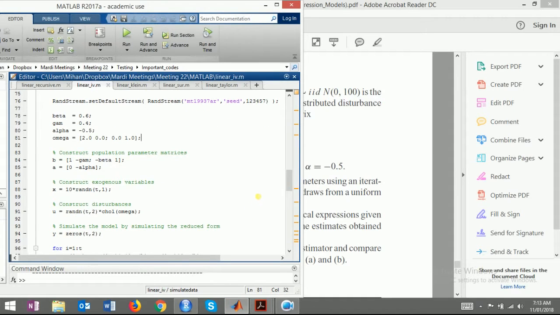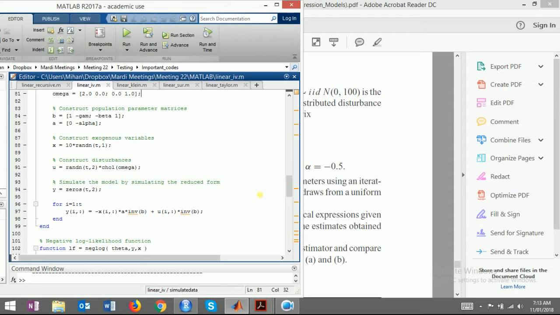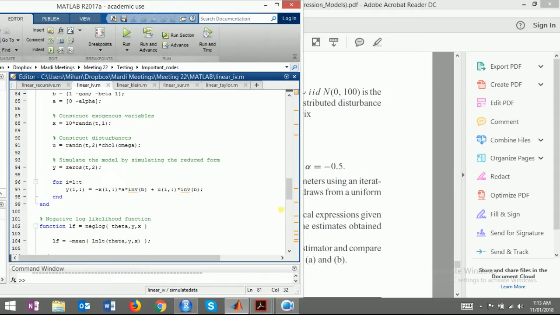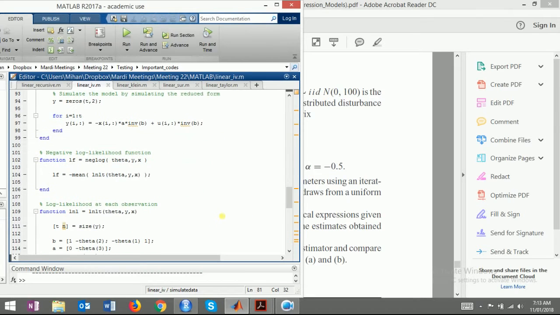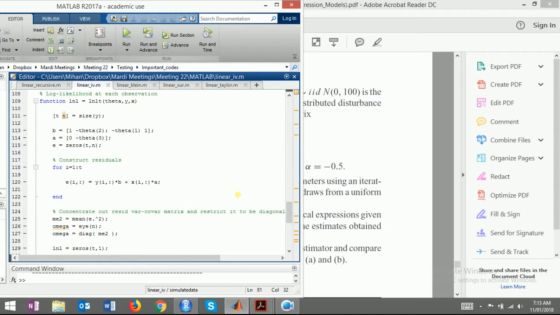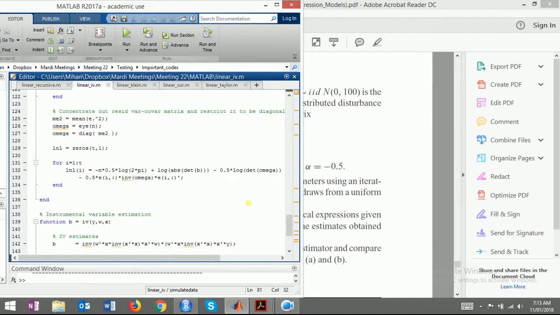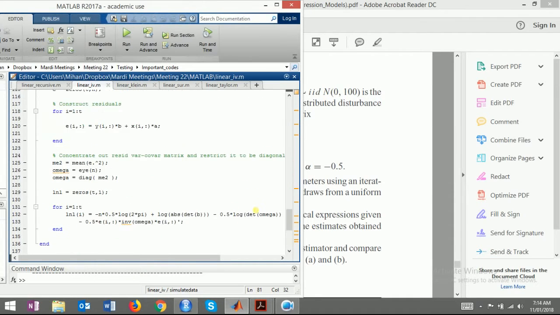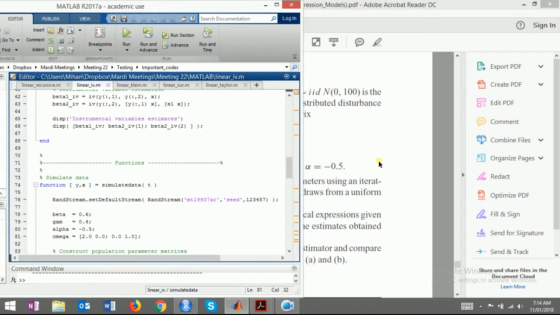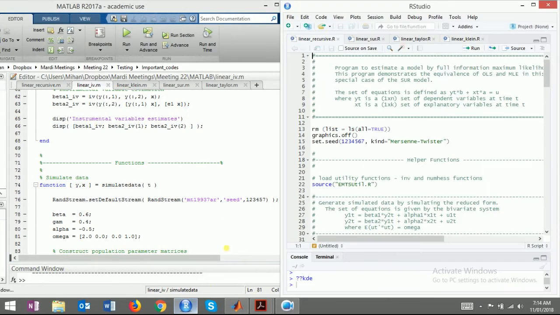Construct alpha a, b, and u, and we need to simulate the model by simulating the reduced form. Then we need to do log likelihood function, and then we need to do concentrated log likelihood function, then quite a few functions. Okay, let's start looking into this.